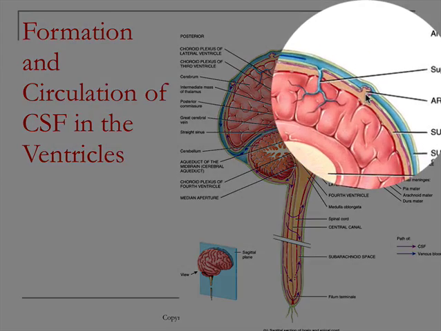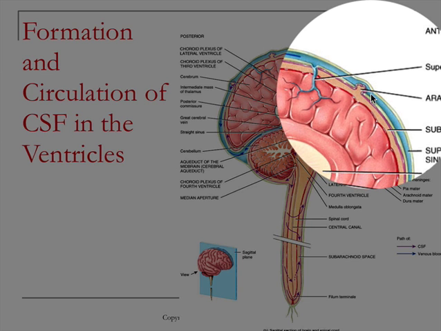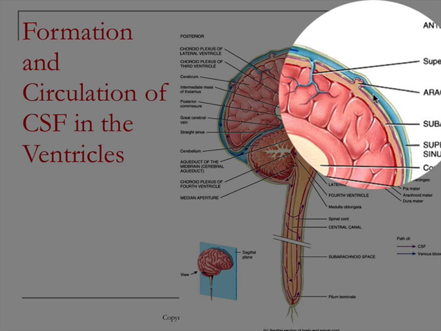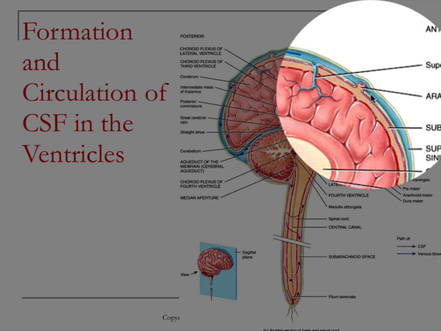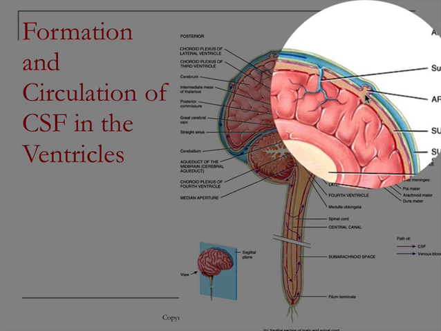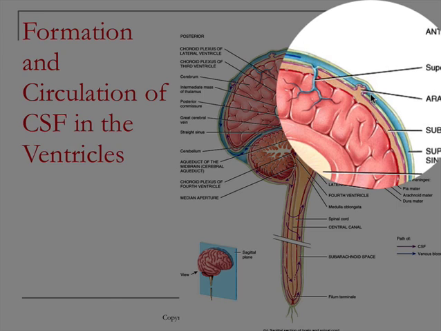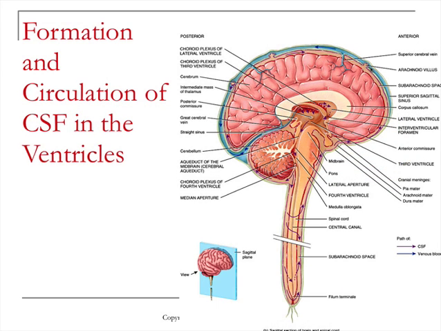This arachnoid villus is a projection of the arachnoid mater into a blood vessel that's called the superior sagittal sinus. This is a venous system, and so the cerebrospinal fluid squeezes out of the arachnoid villus and goes into a vein. The veins, of course, then eventually carry the blood back toward the heart, and then it becomes part of the arterial system.